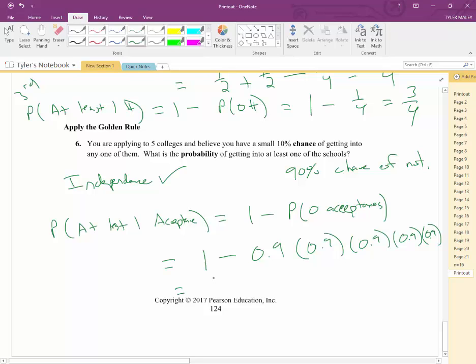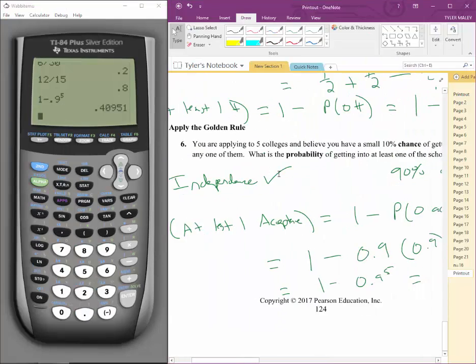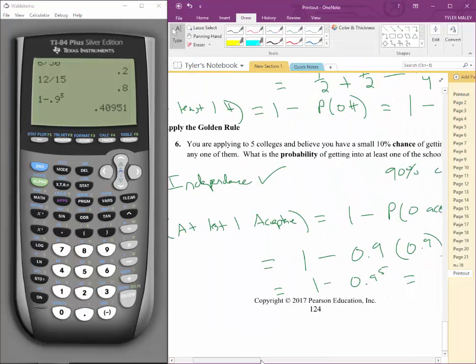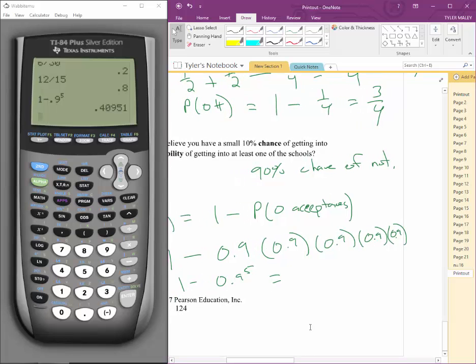This would be the same thing as 1 minus 0.9 to the 5th power, getting roughly 41%. So that's my probability of getting into at least one of the schools.